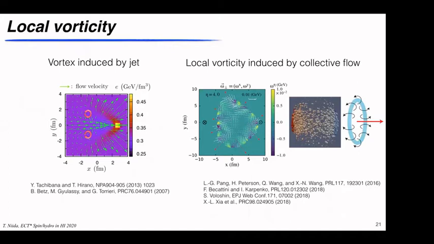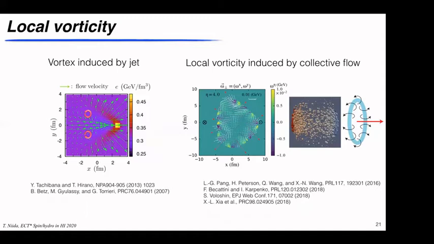Moving to the local vorticity. So far, we have been discussing the global vorticity or polarization effect. Of course, if you look at part of the system, there should be local vorticity which would be different in phase space.